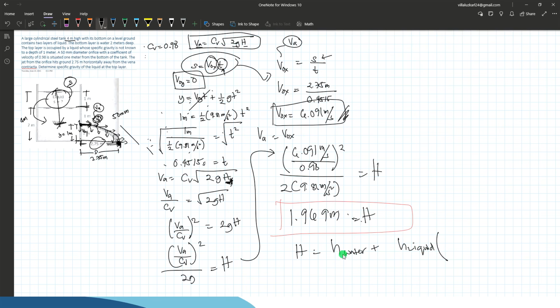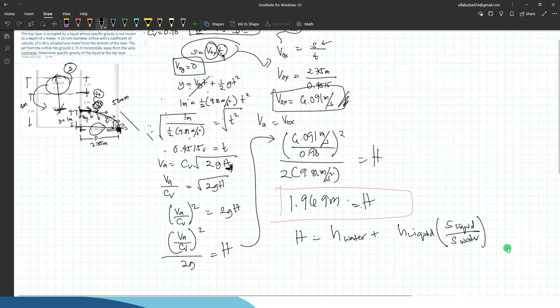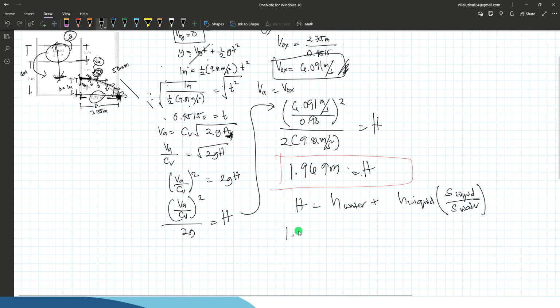Since what is required here is the specific gravity, we use specific gravity: the specific gravity of the liquid divided by the specific gravity of water. Then substitute the values. 1.969 equals head of water.